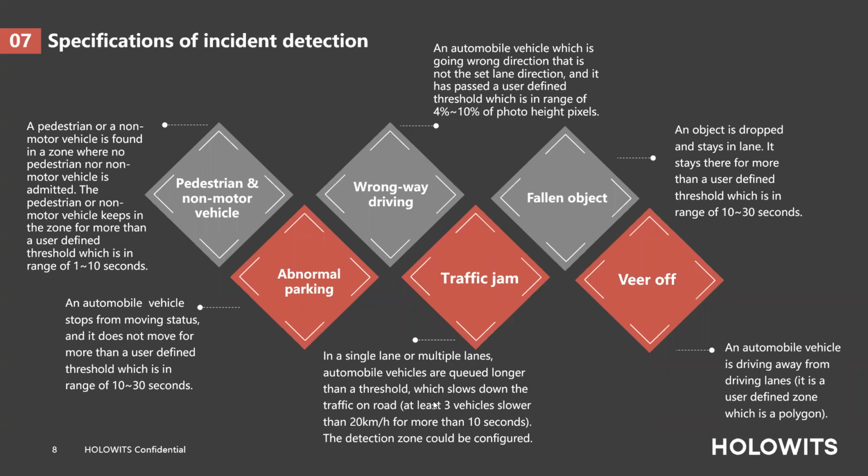For the traffic jam, at least 3 vehicles slower than 20 kilometers per hour for more than 10 seconds, and the detection zone can be configured. The fifth is the fallen object, with a threshold in the range of 10 to 30 seconds. And for veer off, it is a user-defined zone, like a polygon. This is the specification of our incident detection.